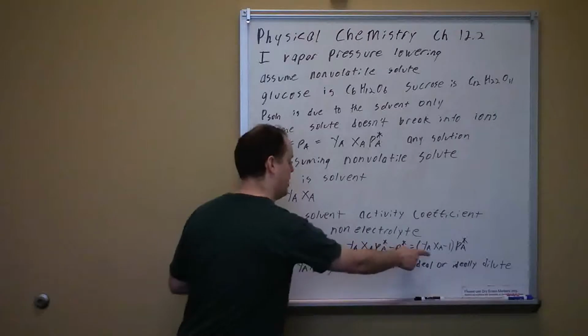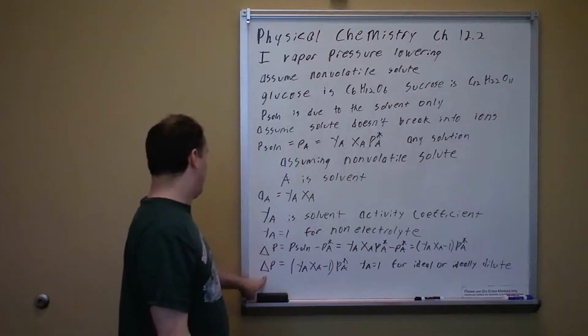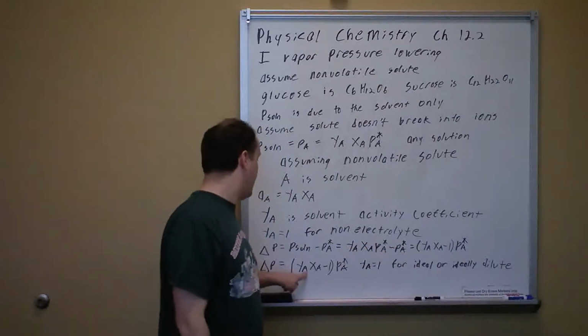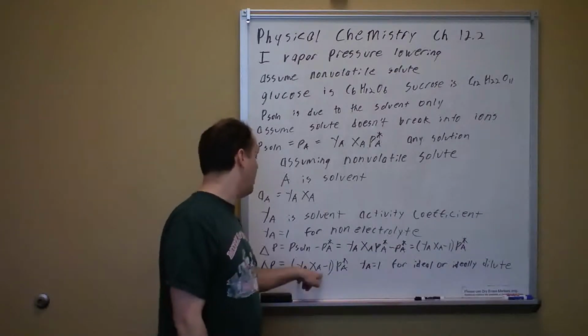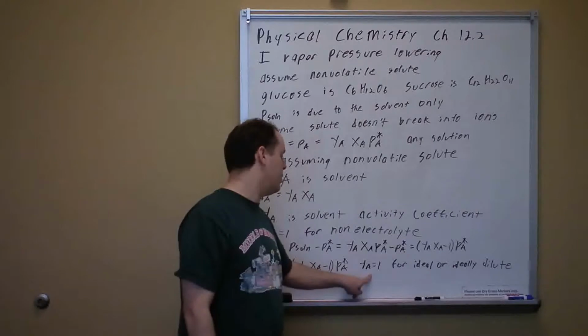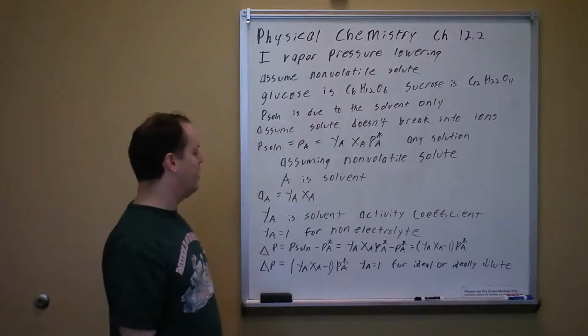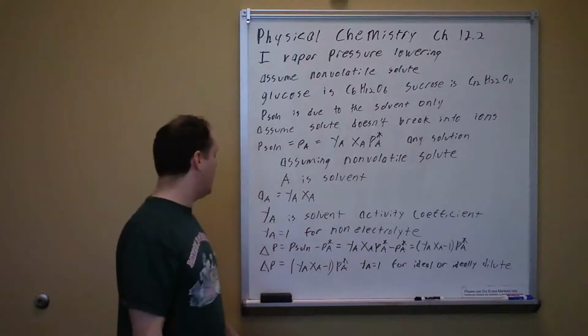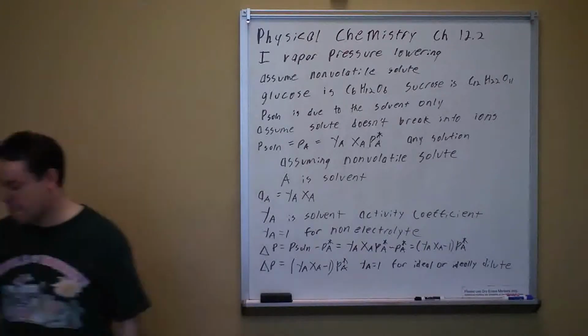So just getting rid of these intermediate steps then, delta P is equal to gamma of A times the mole fraction of A minus 1, all of that times the unmixed pressure of A, PA star. And remember, if you have an ideal or an ideally dilute solution, then your gamma of A is going to be equal to 1.